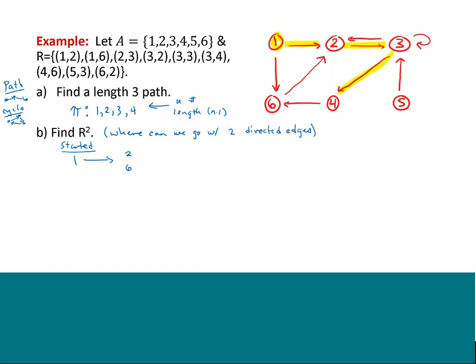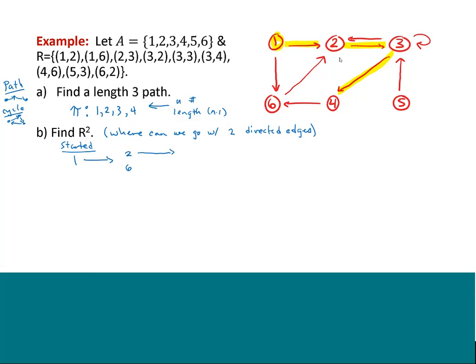Now, we wanted where you could go with 2 edges. So once we get to 1, then 2, we need to travel along 1 more edge. If you go 1 to 2, where could you go once you were at 2? And remember, you have to travel along the edge in the same direction as the edge. Yep, you could only go to 3 because there's only 1 edge leaving 2.